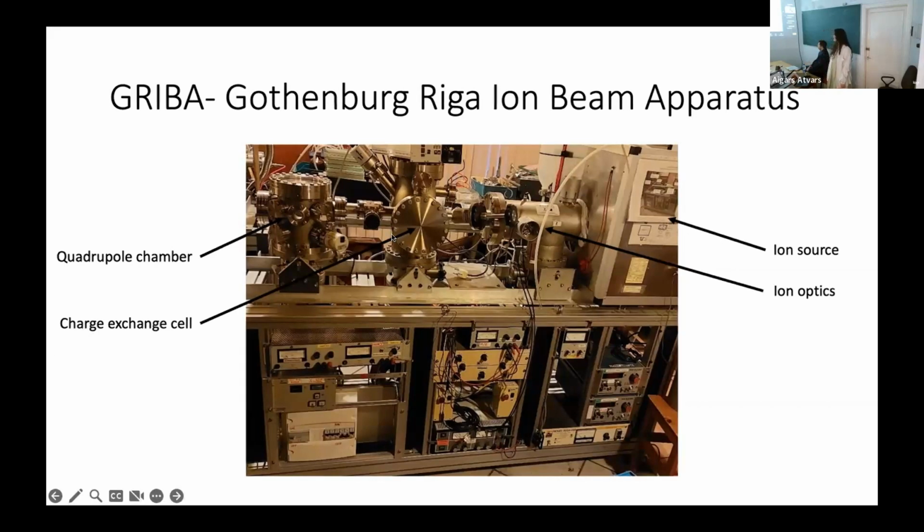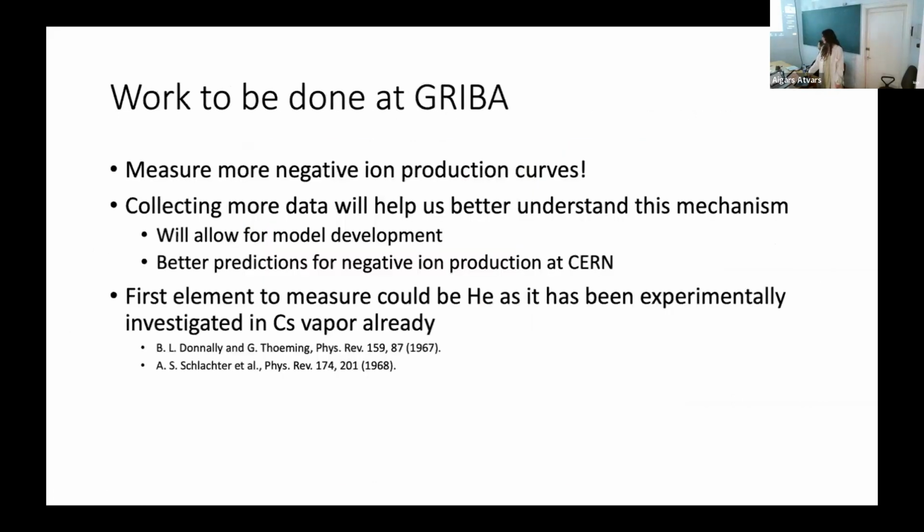We plan to investigate this mechanism further here in Riga to understand this double charge exchange process, so we can hopefully make models and fit the data that you saw before. Like I mentioned, we want to measure more negative ion production curves, and this will help us better understand predictions for negative ion production that we can then use at CERN to measure electron affinity values and isotope shifts.